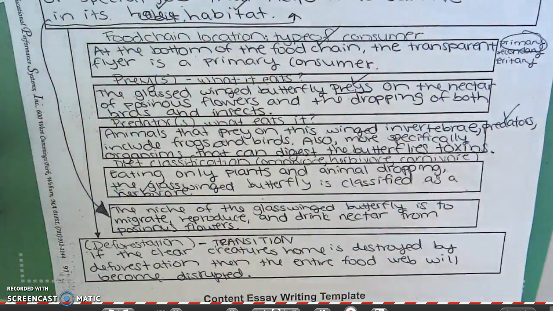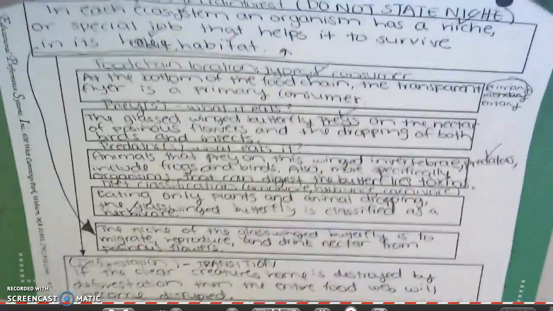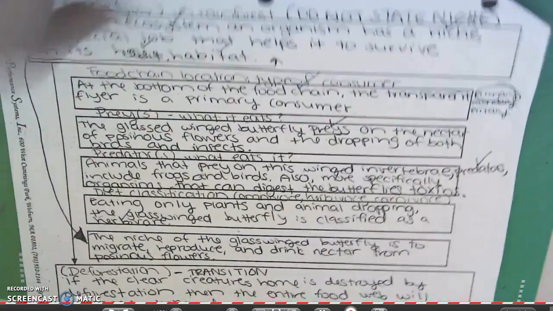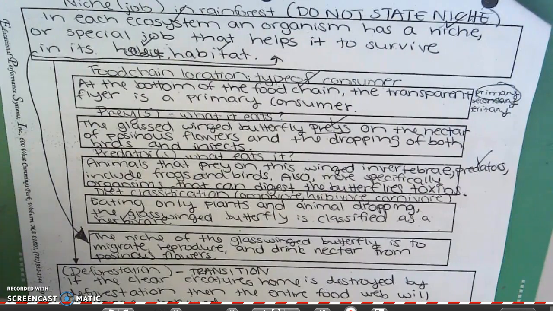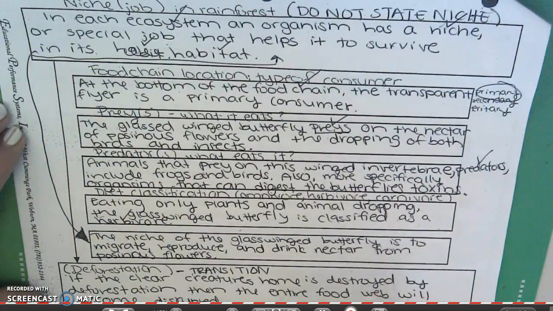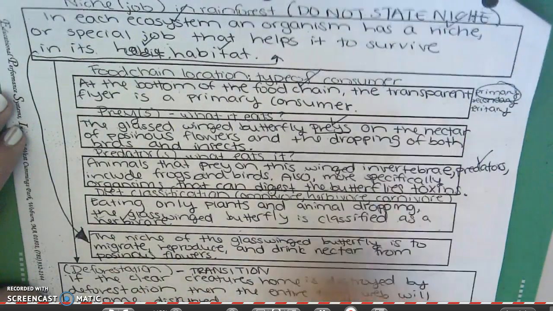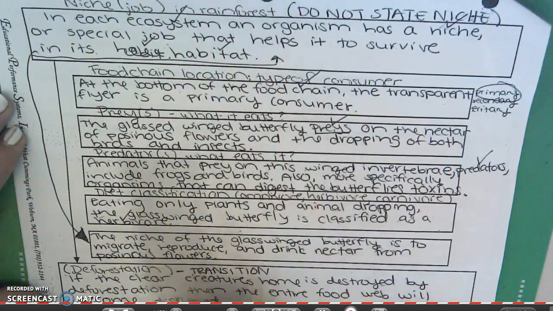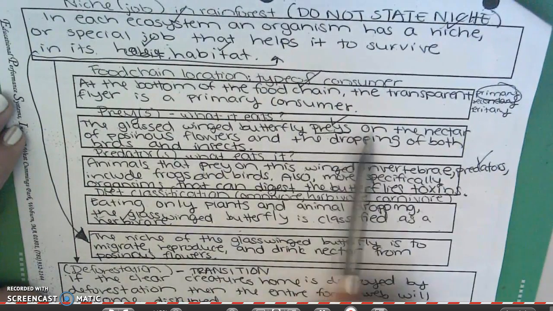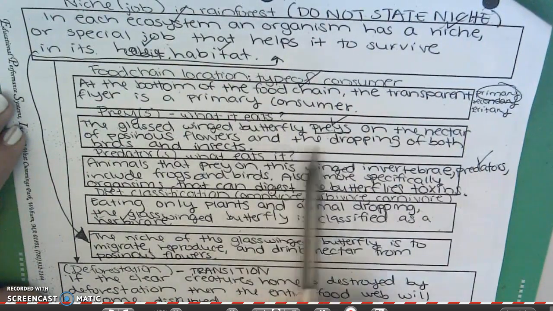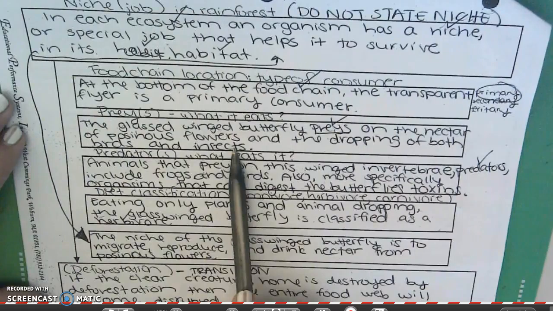Okay, so this is my niche paragraph. I'm going to read the whole thing to you now. In each ecosystem, an organism has a niche or a special job that helps it to survive in its habitat. The niche of the glasswing butterfly is to migrate, reproduce, and drink nectar from poisonous flowers. At the bottom of the food chain, the transparent flyer is a primary consumer. The glasswing butterfly preys on nectar of poisonous flowers and the droppings of both birds and insects.